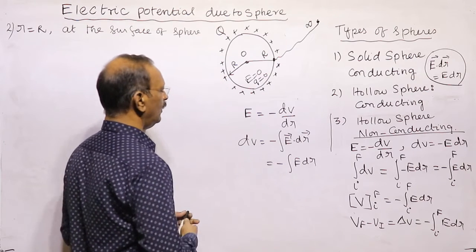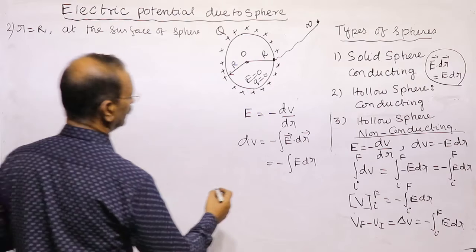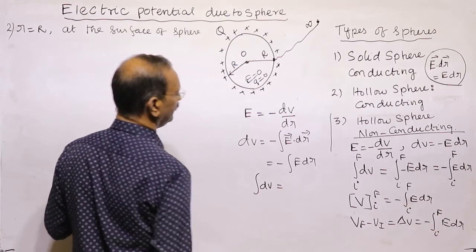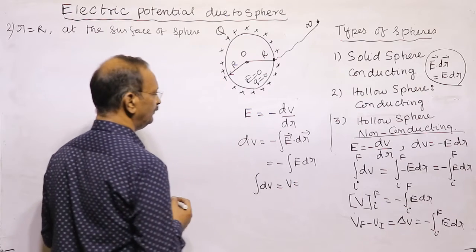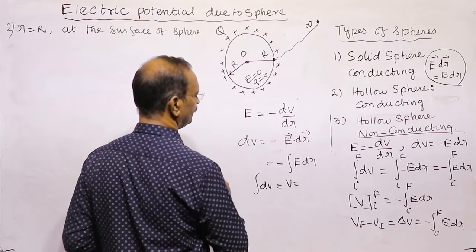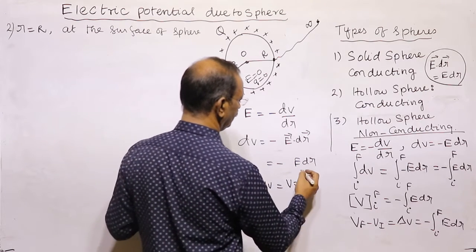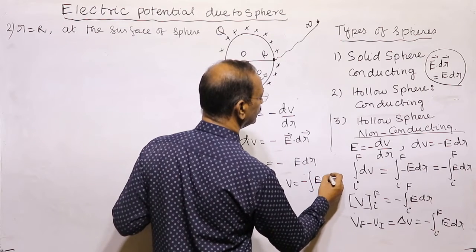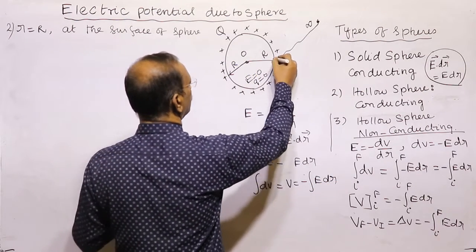Now let us see what dV is. The integral of dV is equal to minus the integral of E into dr, which gives V. What is the electric field at this point due to this sphere?